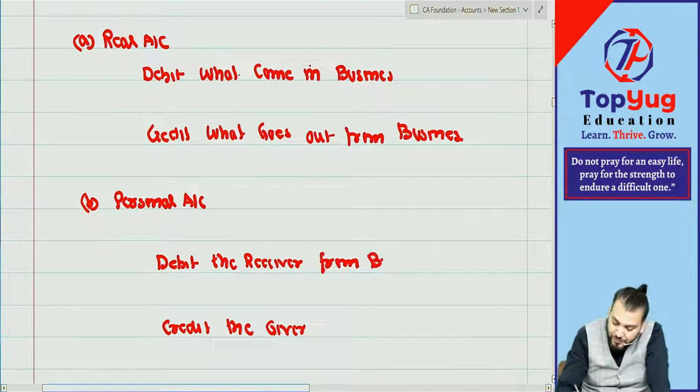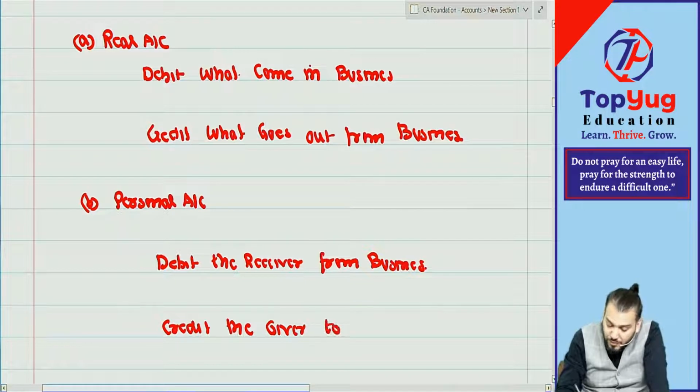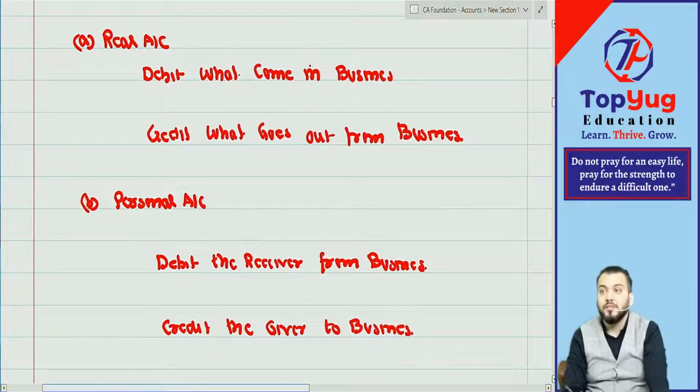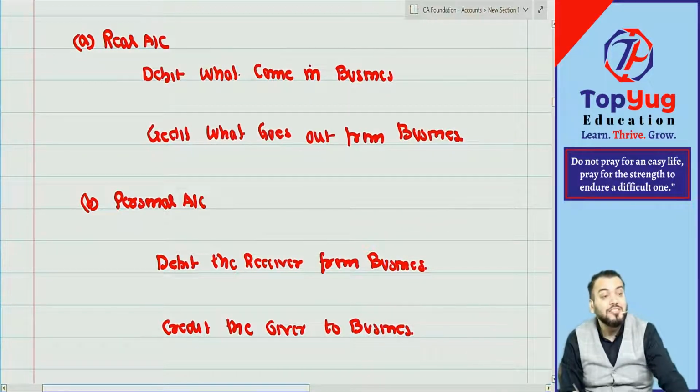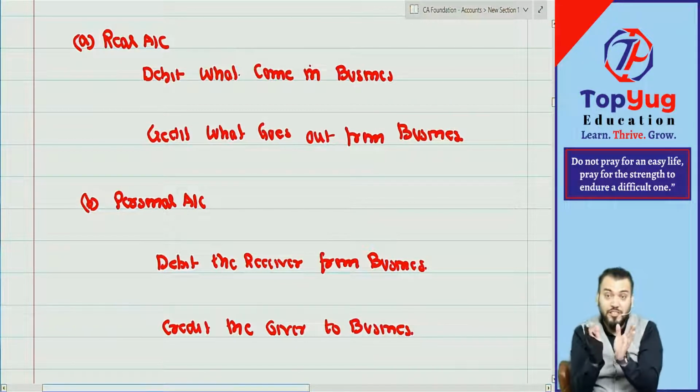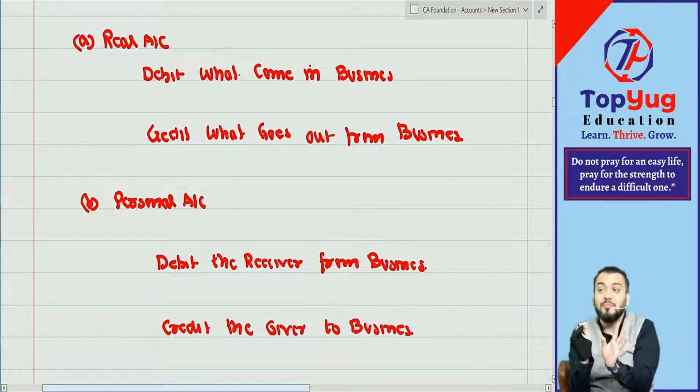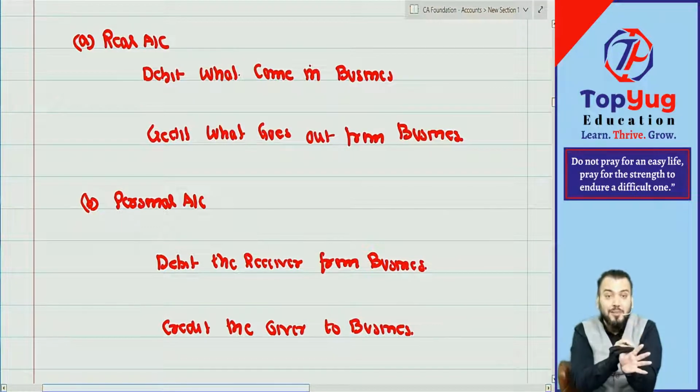Debit the receiver from whom? From business. And credit the giver to whom? To business. So we need to find out who is receiver from business, who is giver to business. It represents some person who can be receiver or who can be giver.